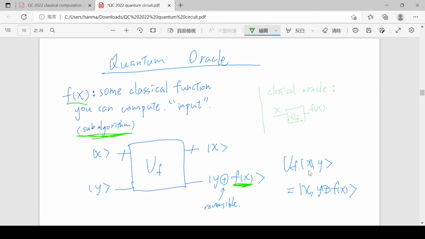In algebraic terms, you have U_f applied on computational basis state |x, y⟩, then it becomes |x, y ⊕ f of x⟩. Okay. And you can check that this ⊕ makes it reversible.